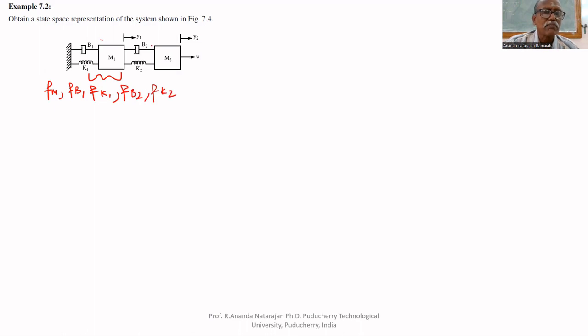Similarly, the forces acting on M2 are the applied force U of t, Fb2, Fk2, and Fm2. The displacement in the first mass is y1, and the displacement in the second mass is y2.